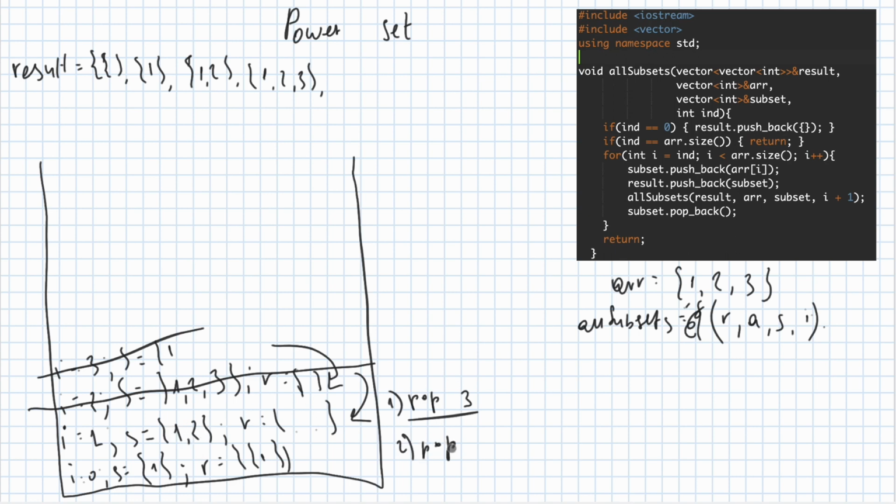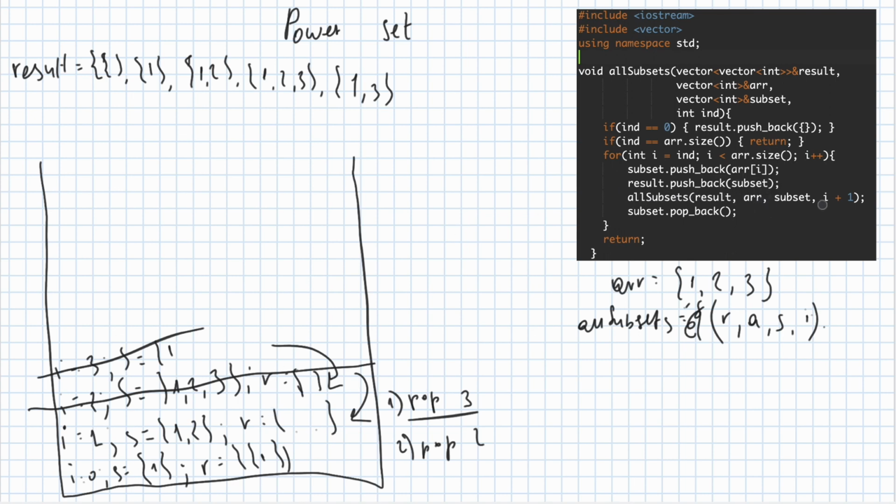So subset is just 1 now, and then we increment our I. So I will be 2. The loop goes on, and we say subset push back array at index 2, and array at index 2 is 3. So to our result we push the subset, which is 1 and 3. That is 1 and 3 because we popped 2 and pushed 3.